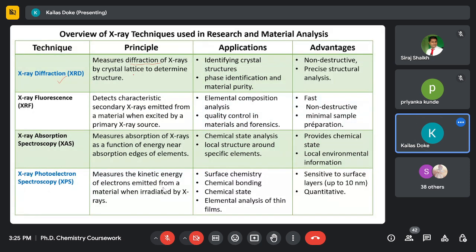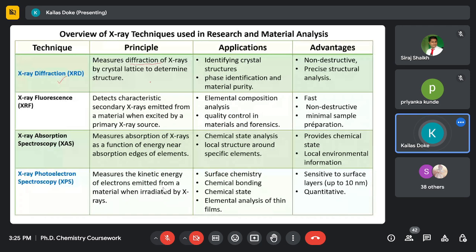It diffracts from the crystal surfaces, and it is useful to determine the structure of different crystals. The applications are that we can identify the phases of solid compounds, we can study the purity of the material, and we can identify the crystal structure.